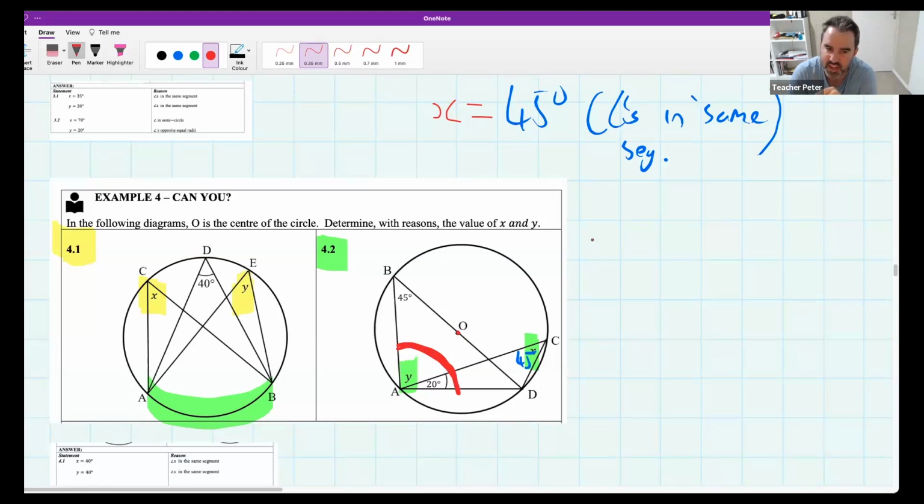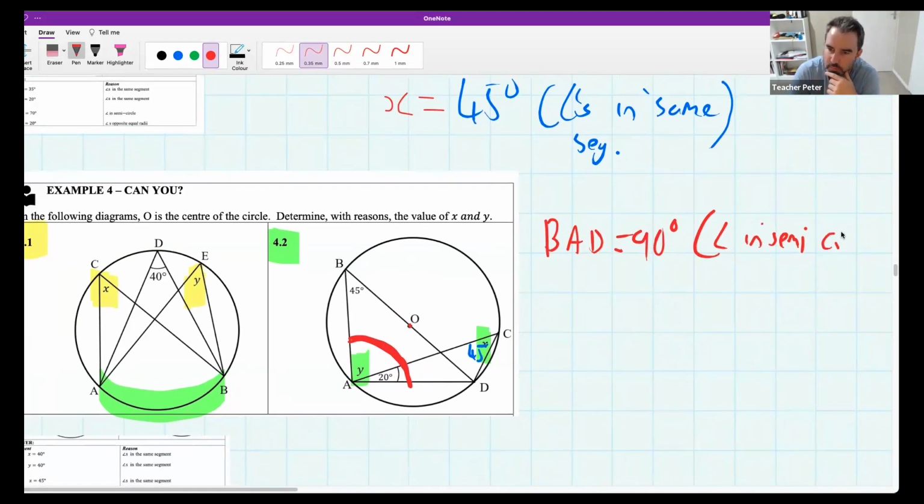So we can say that BAD is 90 degrees, and the reason is angle in a semicircle. I've seen two different textbooks, but angle in semicircle. And so if that's 90, then y must be 70, because 20 degrees was given. Okay, and that is tonight's lesson.